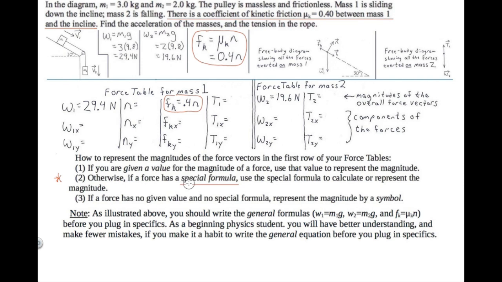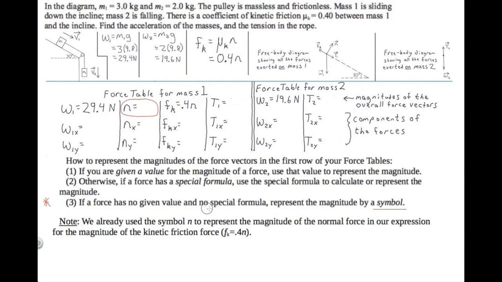There is a special formula for the magnitude of the kinetic friction force, F sub k equals mu sub k times little n. We can use this special formula to represent the magnitude of the kinetic friction force on mass 1.